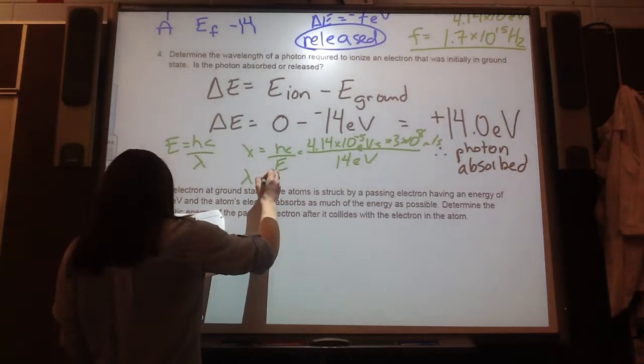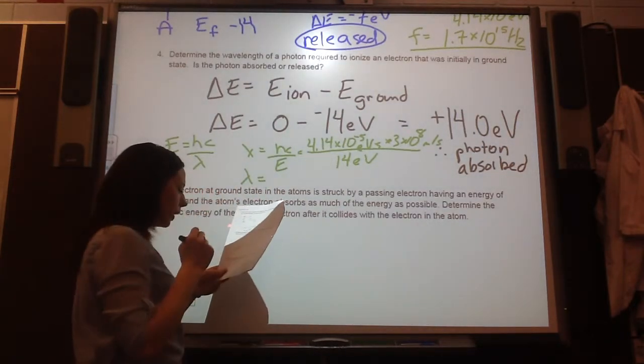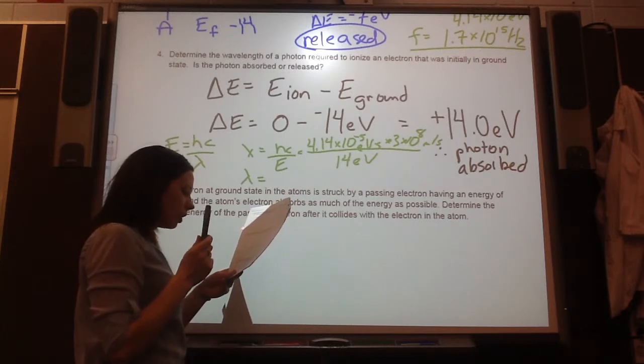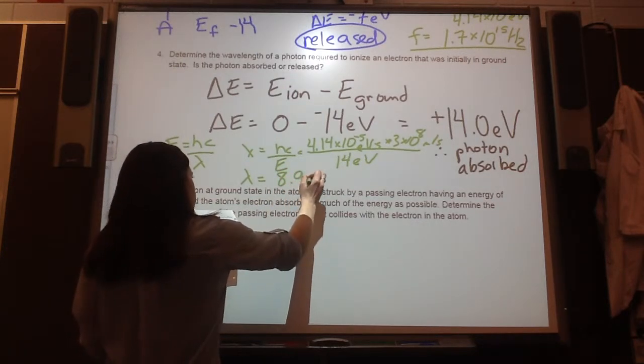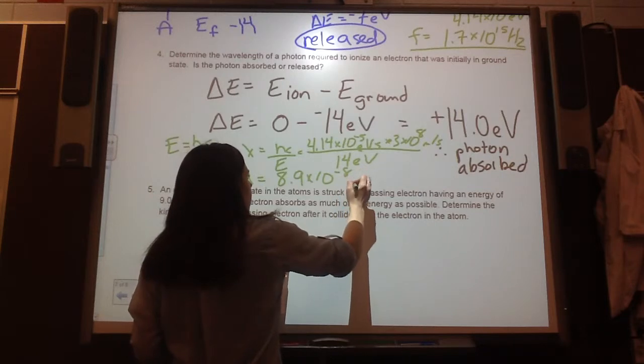So for the wavelength, you get 8.871, and so I'm going to round that to 8.9 times 10 to the negative 8 meter.